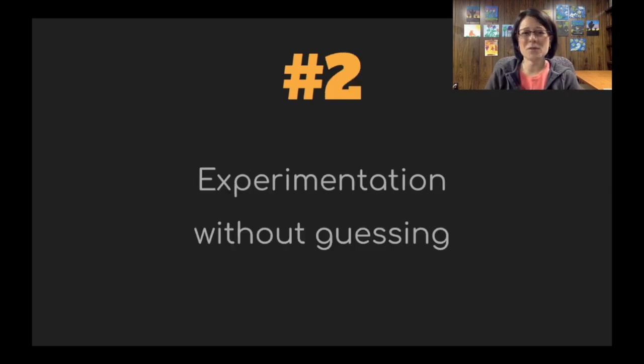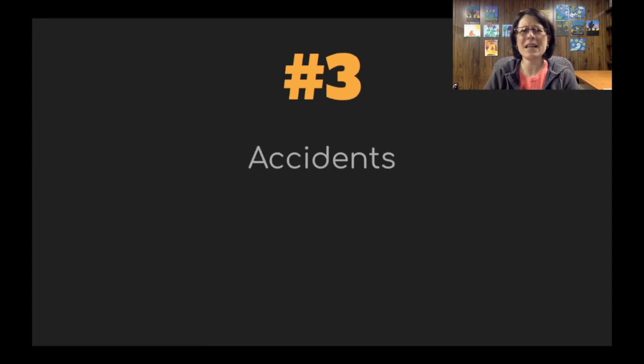Also, number 2, sometimes there's experimentation without guessing. Sometimes an experiment is performed and we just don't know what's going to happen. We have no idea. And so sometimes we don't have a hypothesis. And then there are accidents. In fact, you probably have heard of the story of how penicillin was discovered. It was an accident.